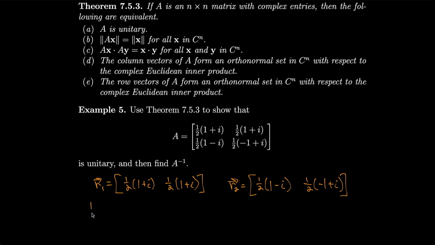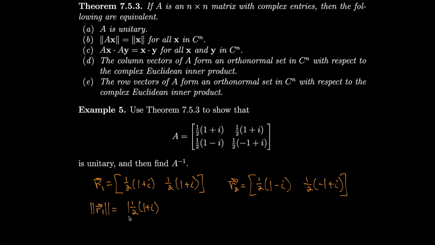Let's get the length of R1. So that'll be equal to, we'll take each of the components, square them, take the square root. So we'll take half of 1 plus i.